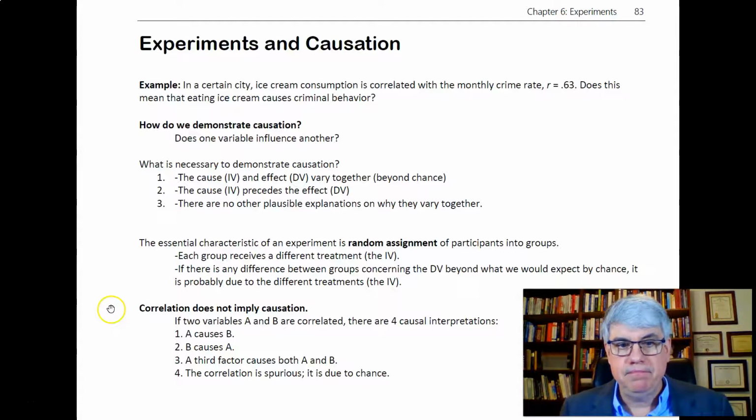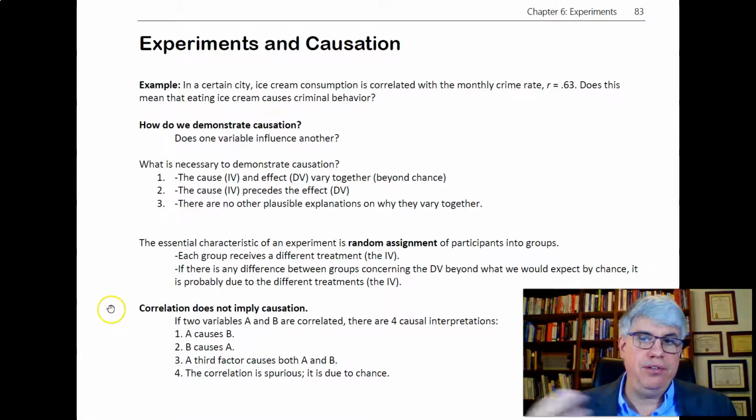A causes B, so that would mean that A comes before B. B causes A, if B comes before A, or a third factor causes both A and B, and it's not A causing B or B causing A, and that's where we could use an experiment to find out, if we don't include a third factor, we only manipulate A and B and no third factors come into play. Or it's possible that the correlation is spurious, it's due to chance, we wouldn't find it in another sample, it's not significant. P is not less than 0.05.